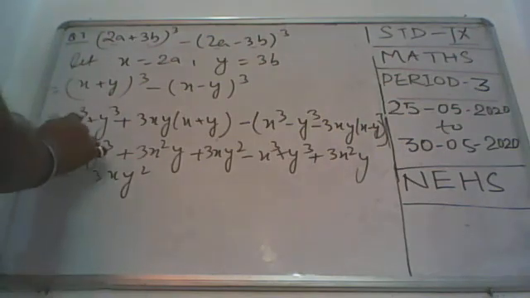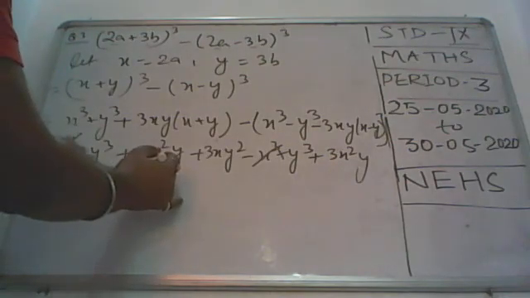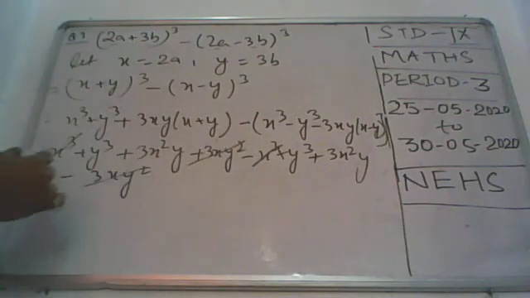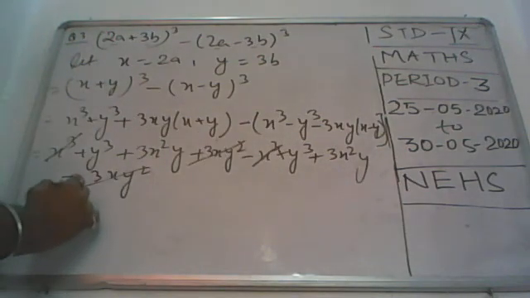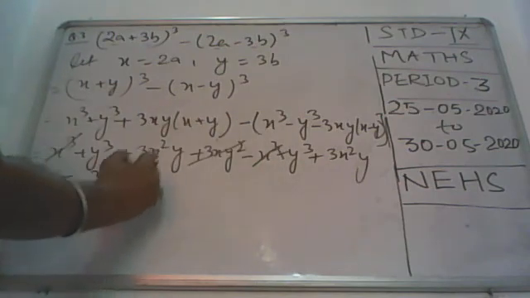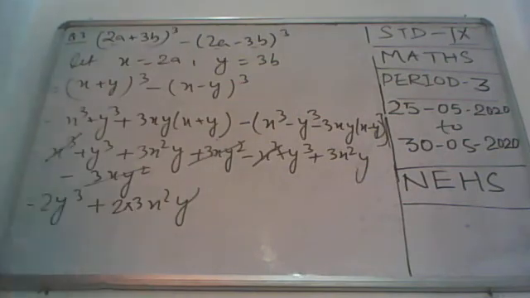Now see, x cube cancels. What else can be cancelled? This 3x square y and this 3xy square cancel. So it is only y cube 2 times plus 2 times 3x square y.